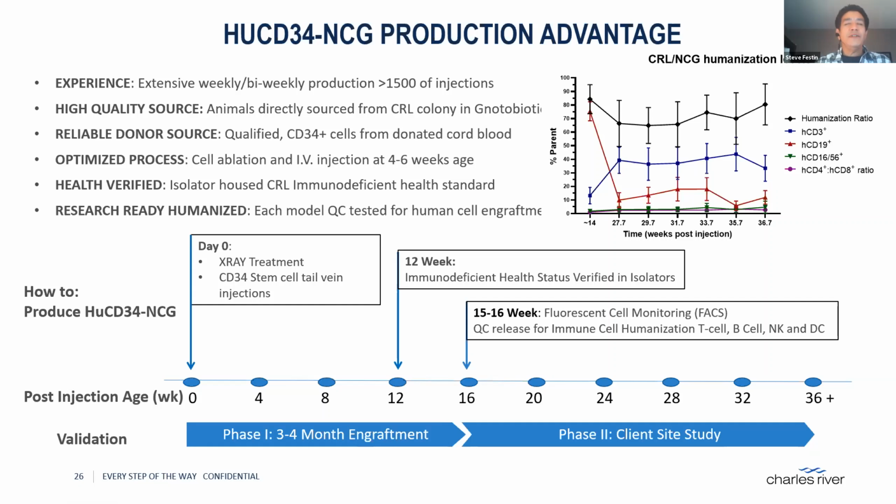So we're in November, and we're producing animals that would be available for your studies sometime in February or so. The animals that we're currently sharing were injected back over the summer, in July. We do that on a continuous basis, and we have a lot of experience both with the injections as well as monitoring those models as they go through.